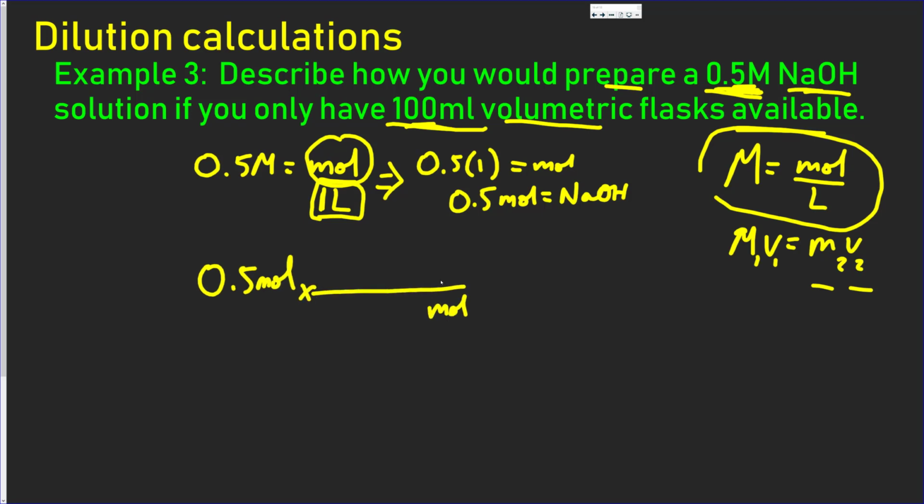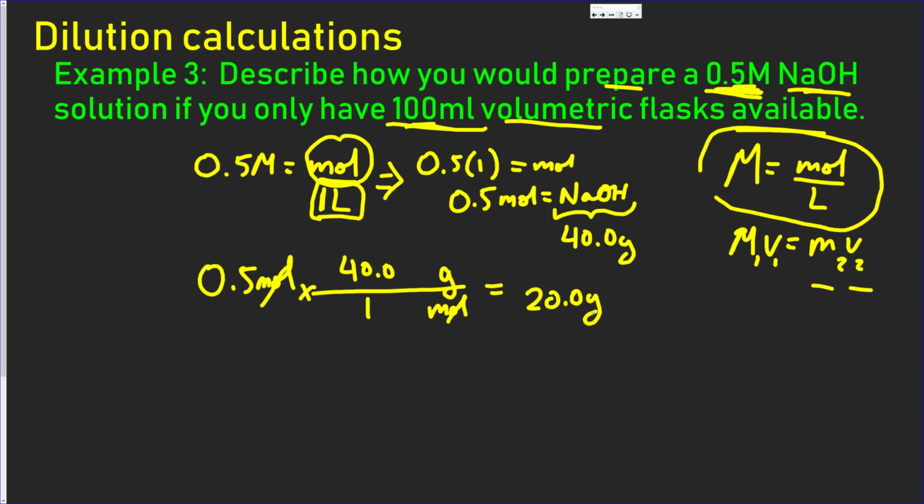This is where my molar mass comes into play. My sodium hydroxide, if you remember from the previous example, is 39.9 something, and I'm going to round it to 40 for simplicity's sake. It's about 40 grams per 1 mole, and I'm going to cancel my moles. Finally, 0.5 moles of NaOH gives me 20 grams.